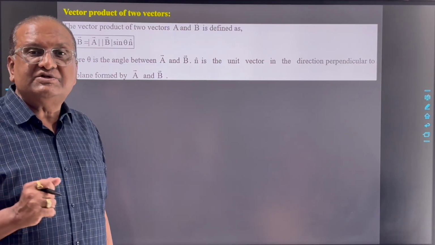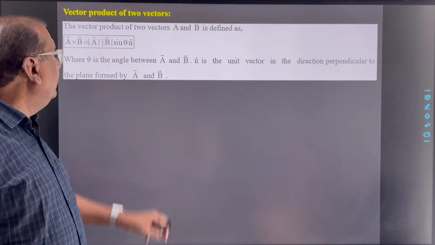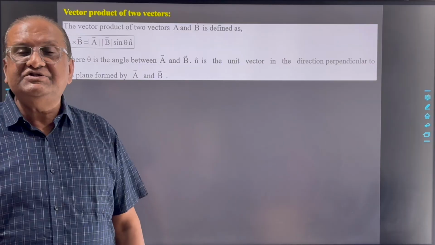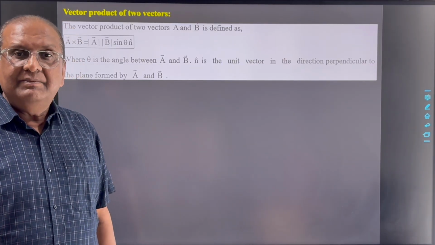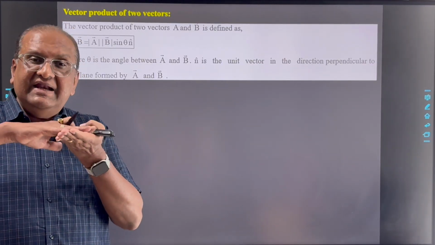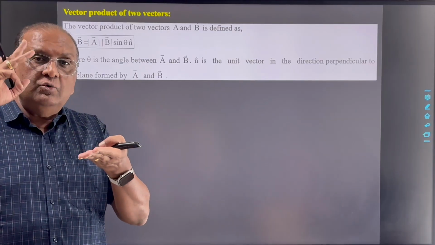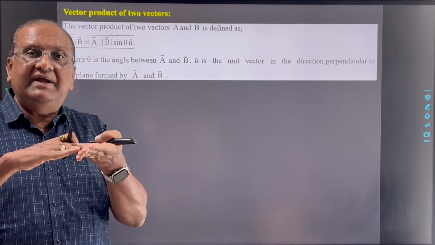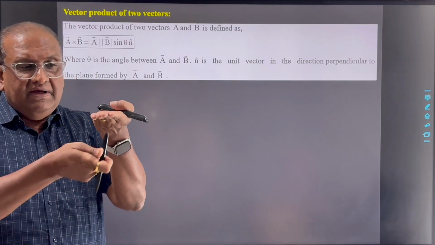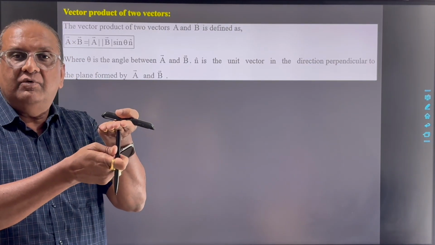Now the question is this one: how to decide the direction of this unit vector n caret? Because if we think about any plane, then there are two directions perpendicular to the plane. One is like this, another one is below this one. Okay.